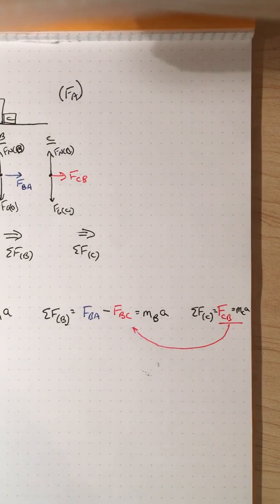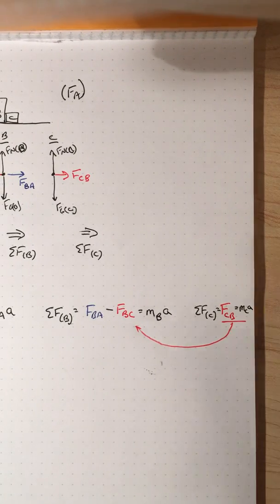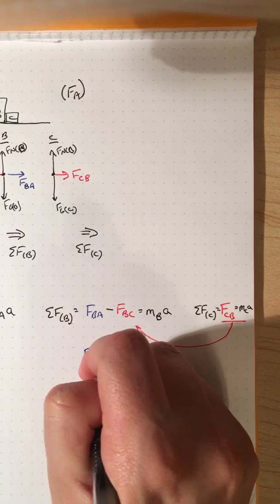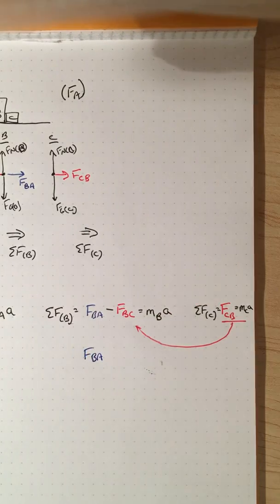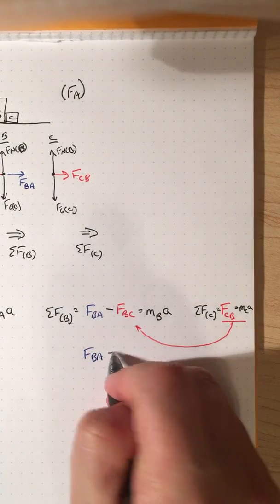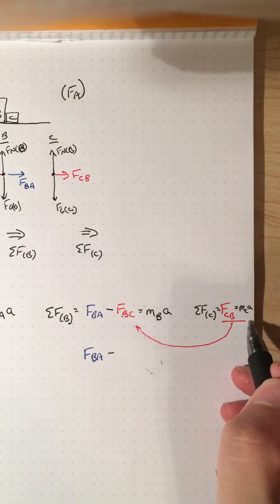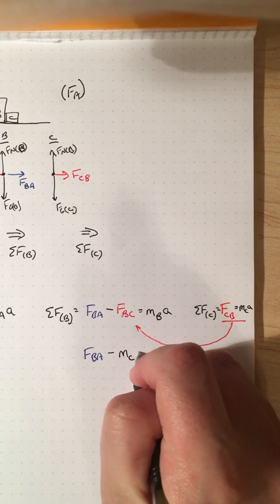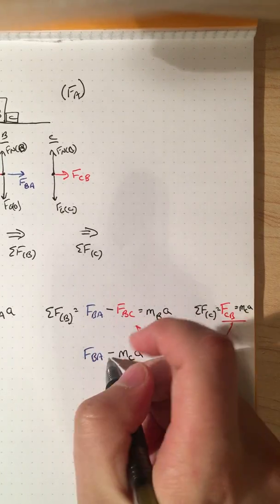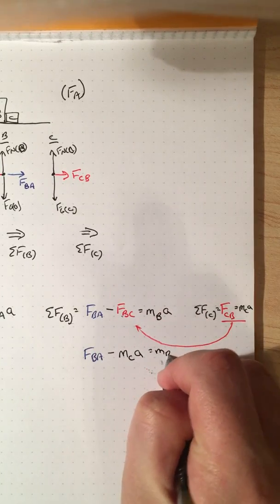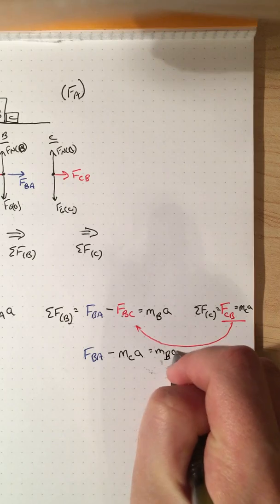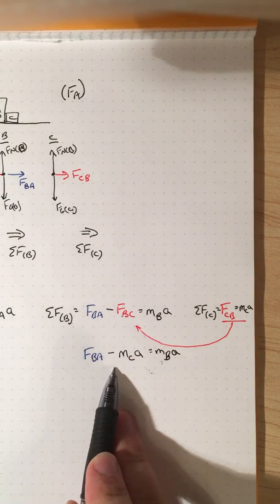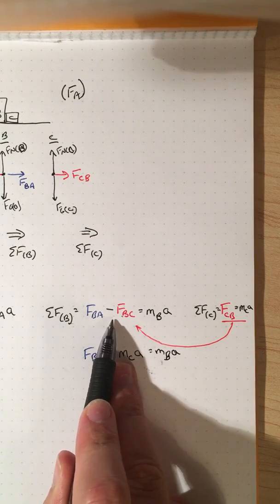So what I can do is take that and plug that in here, right? I can just rewrite this equation, but I can say, what is FBC equal to? Well, it's equal to MC times A. So this minus that equals MB times A. So again, this equation is equivalent to this equation.